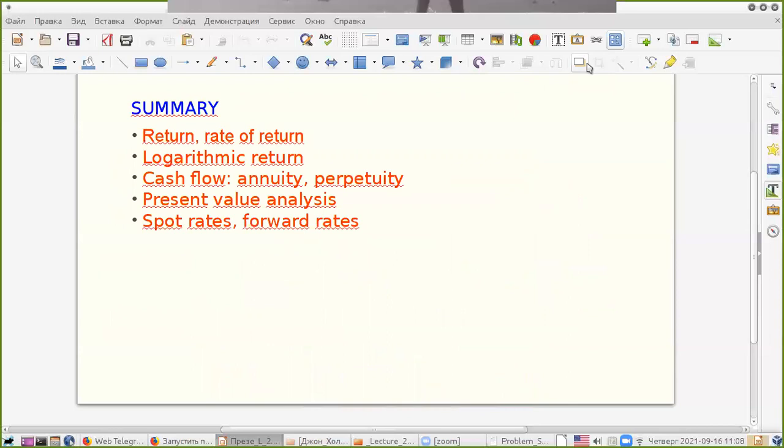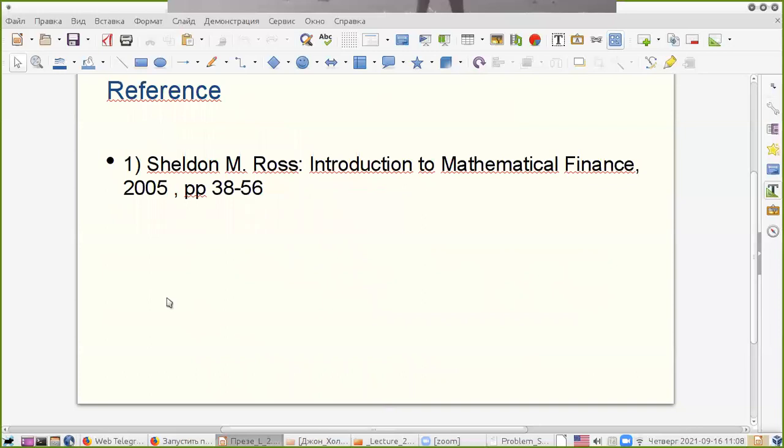Their price depends on time only, and there were such concepts as return, rate of return, logarithmic return, cash flow, annuity, perpetuity, and how we can find their present value, and spot rates and forward rates, and what the difference is. And the reference is Sheldon Ross, Introduction to Mathematical Finance, pages 38 to 56.